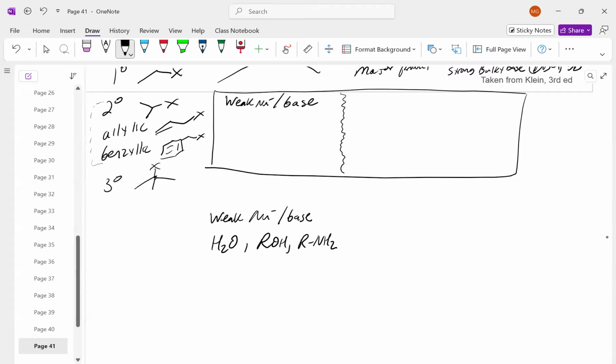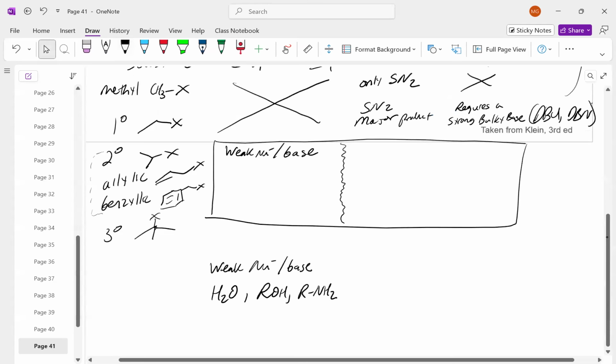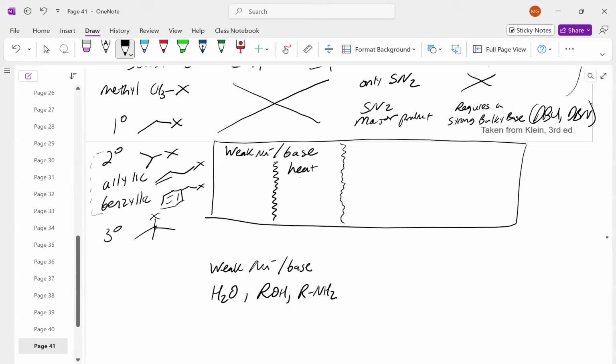And if you look at those, you're like, well, I can do SN1 or E1 with either of those. So how do I know what the major product is going to be between SN1 and E1 if, say, my leaving group is secondary? This is where some of the conditions of the reactions come into play. Between SN1 and E1, E1 requires a lot of heat.